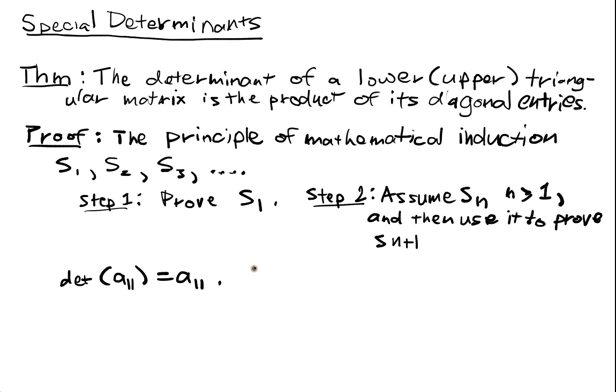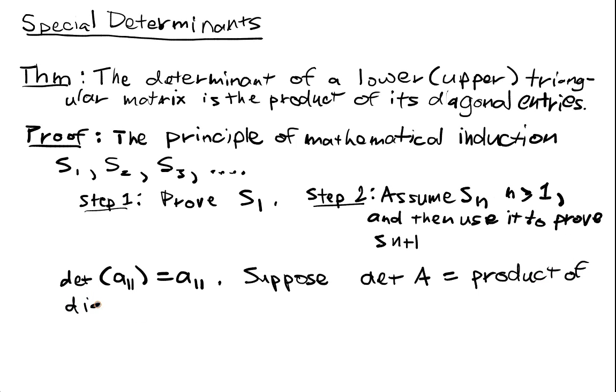So this is for any 1 by 1 matrix. Now suppose the determinant of A, where A is lower triangular, is equal to the product of its diagonal entries.